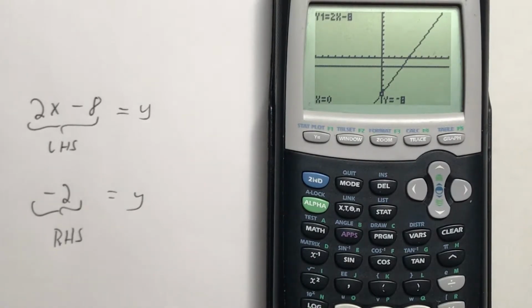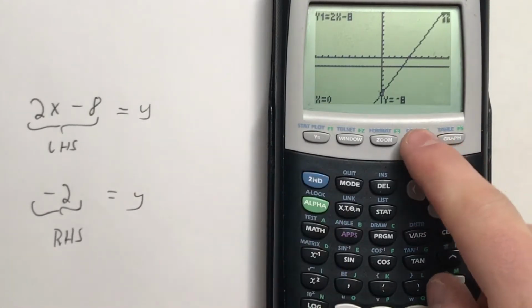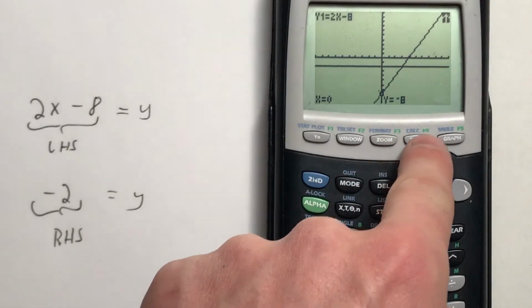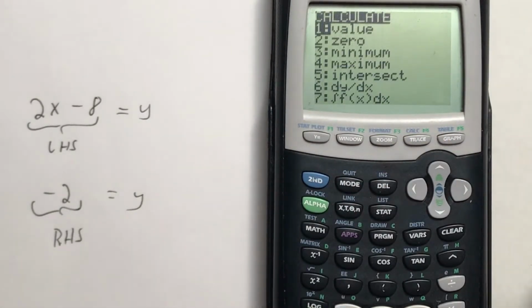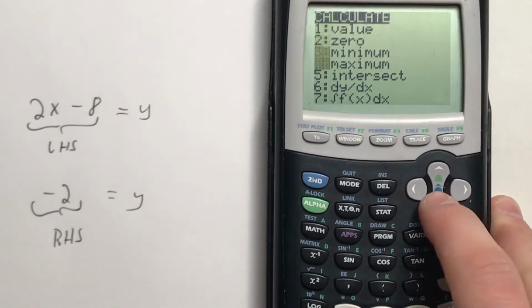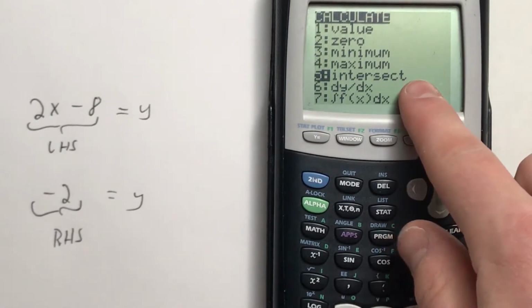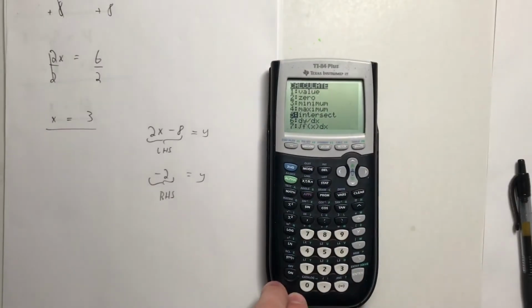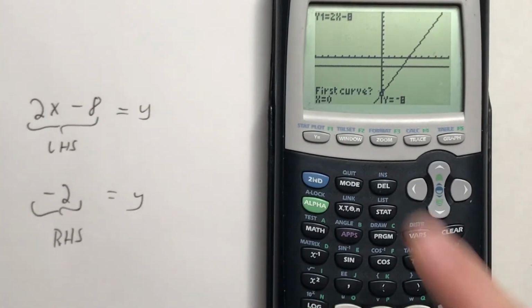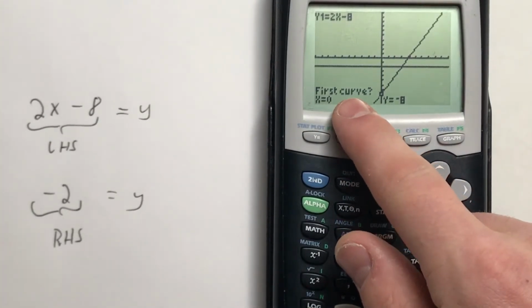And then we're just going to follow the steps to find the intersection. We press this blue second button, and then calc right here. We're going to get a menu, and we want to know where these two curves cross. So we're going to go down to number 5 here and choose intersect. Just press enter for intersect. What you'll see is that the calculator is asking for the first curve.